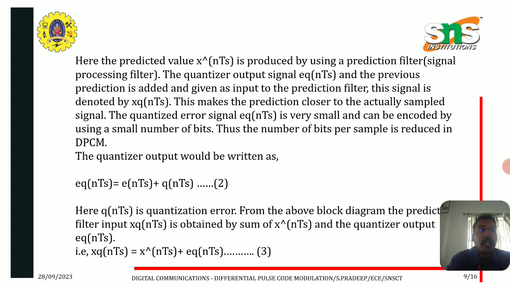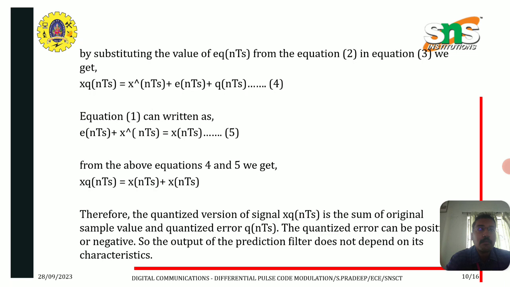From the block diagram, the prediction filter input xq of nTs is obtained by the sum of x cap of nTs and the quantizer output eq of nTs. By substituting the value of eq of nTs from equation 2 in equation 3, we get equation 4. From these equations, equation 1 can be written as e of nTs plus x cap of nTs equal to x of nTs.